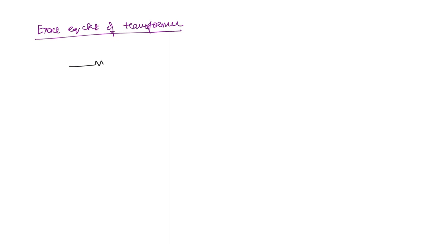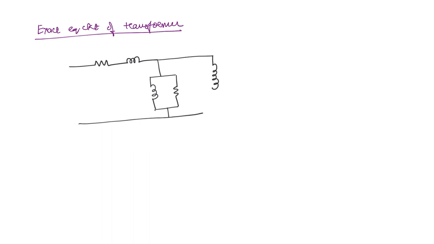So we will have a resistance and an inductor in series, and there will be a resistance and inductor in parallel, series parameters and shunt parameters. And then we are going to have the winding. This is the secondary side, and similarly you have the series parameters here, okay.